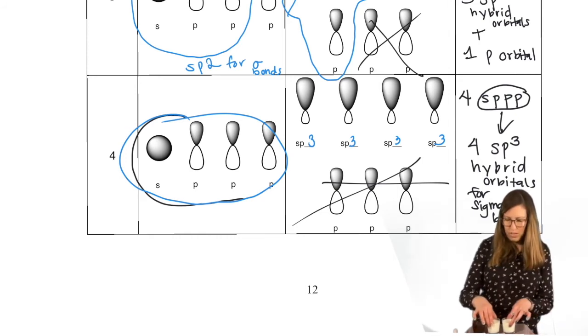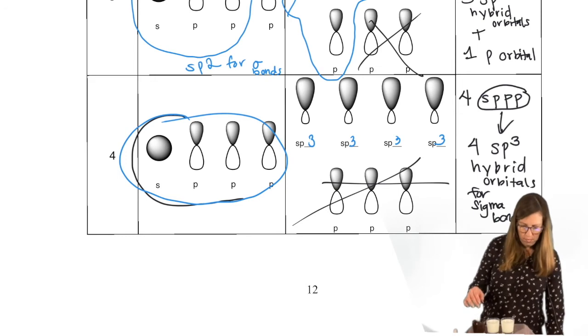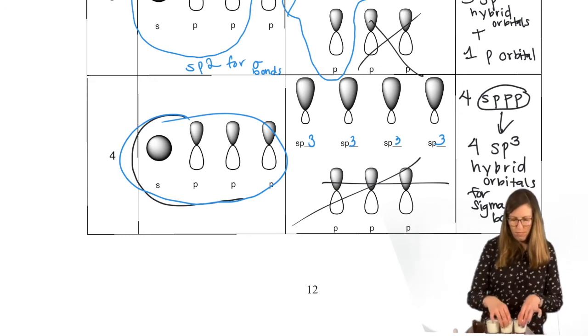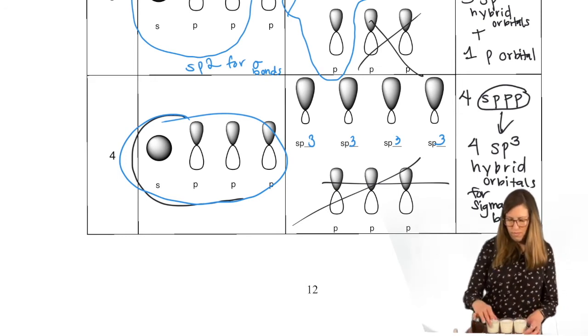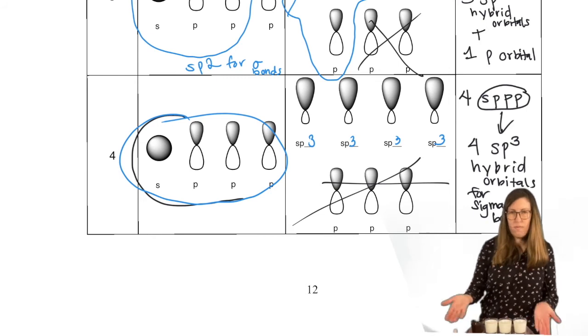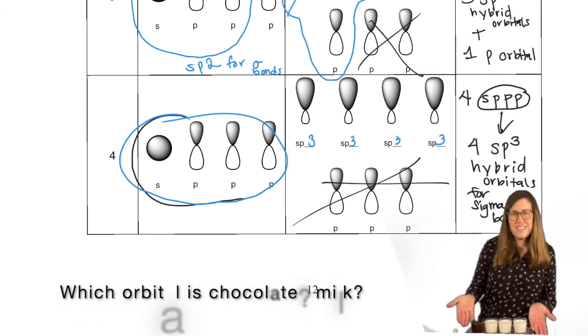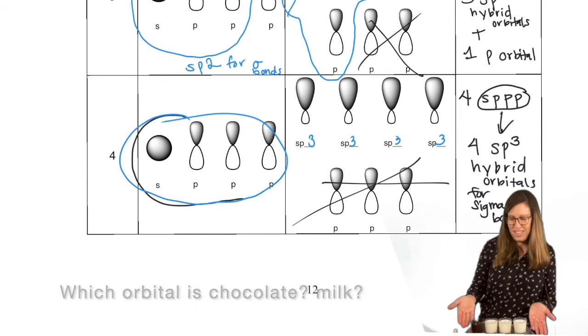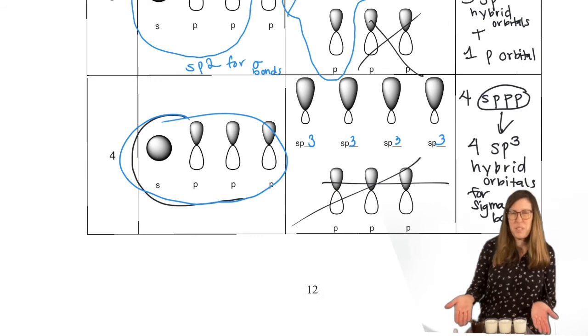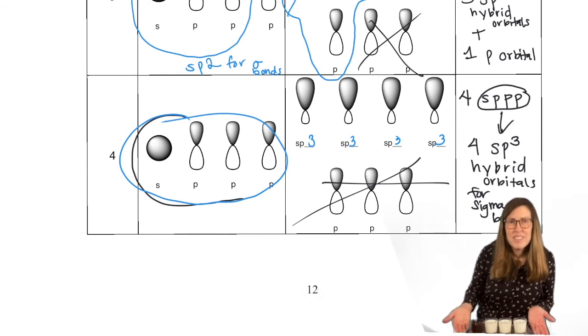Do I have space for this? I think I do. What do you think this might represent? This could be any of our second row elements.